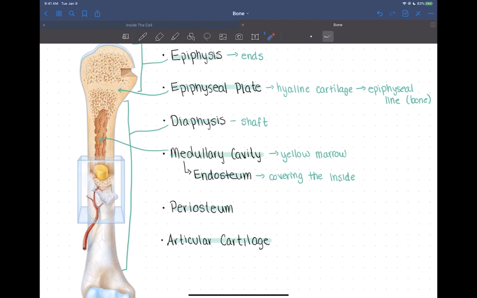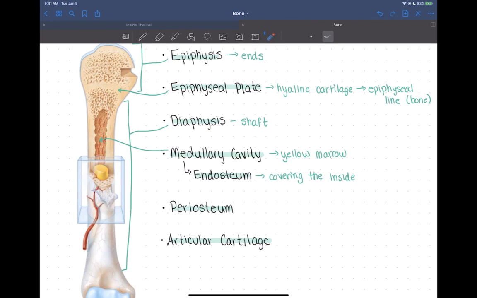So you can take away bone from the inside of the cavity here, or you can add bone if you need to. Those cells are going to be found in this endosteum layer. So that's the medullary cavity with the yellow bone marrow.